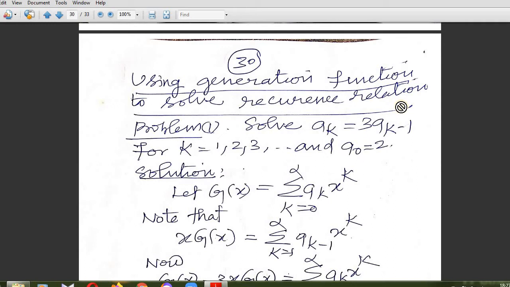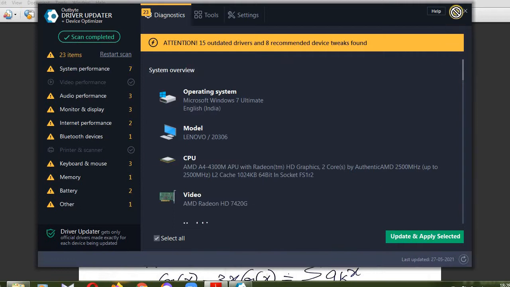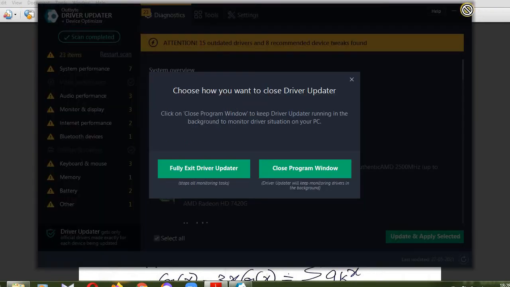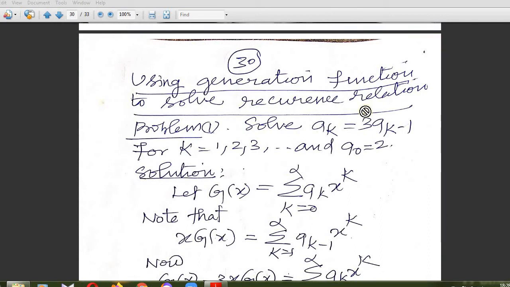By taking an example, I am going to discuss this connection, some problems of recurrence relations and generative function. So the generative function is helpful to solve recurrence relations.